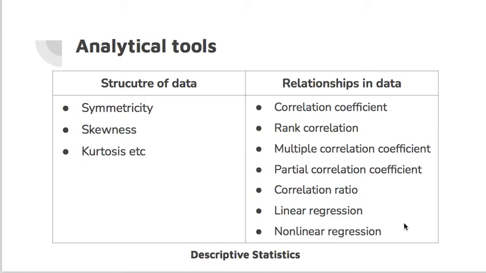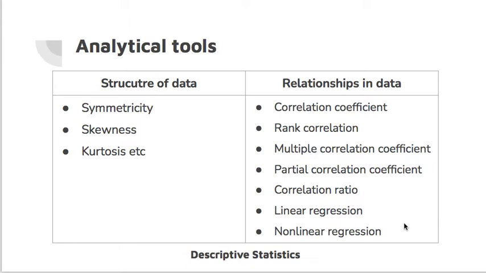These will help you to know the structure of the data that you have in your hand, and the relationships in data: correlation coefficient, rank correlation, multiple correlation coefficient, partial correlation coefficient, correlation ratio, linear regression and nonlinear regression. These are also the analytical tools listed in descriptive statistics to find out the relationships in data.